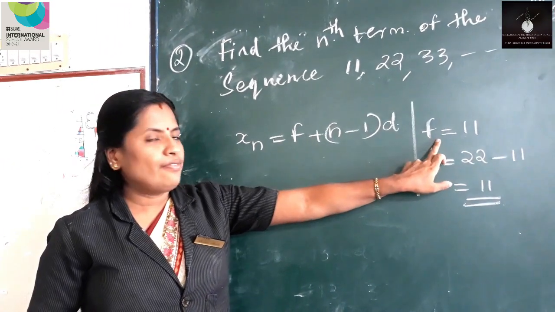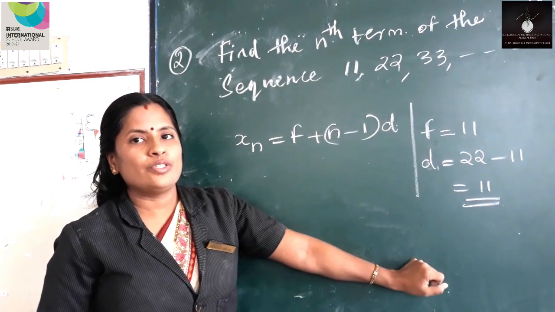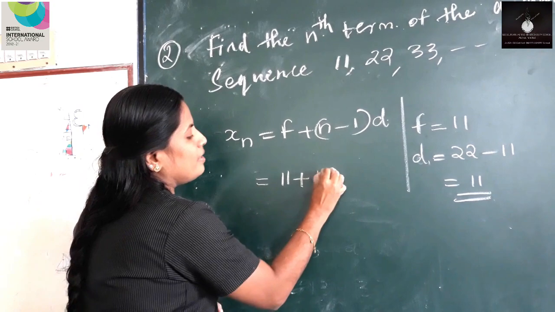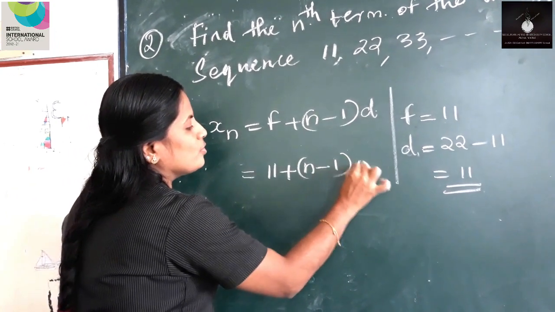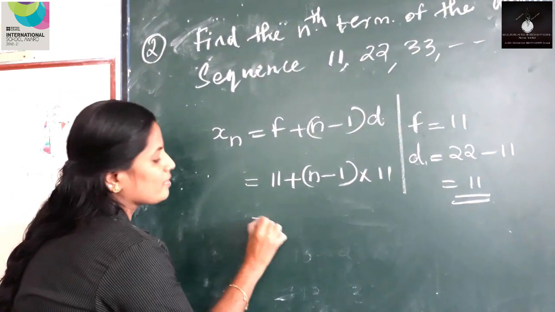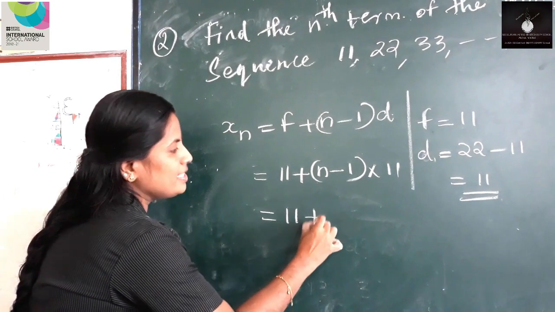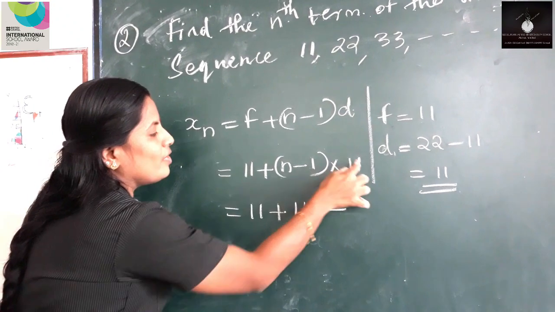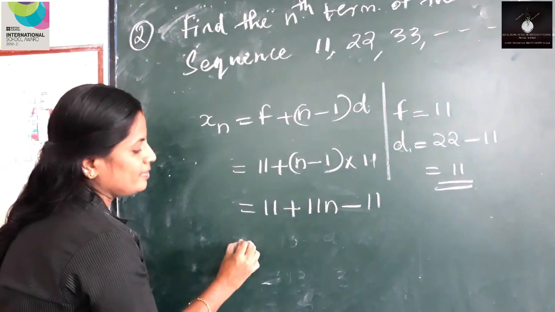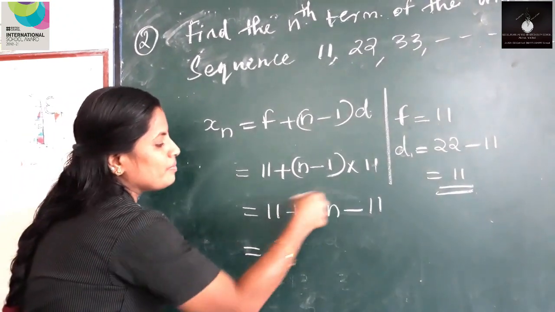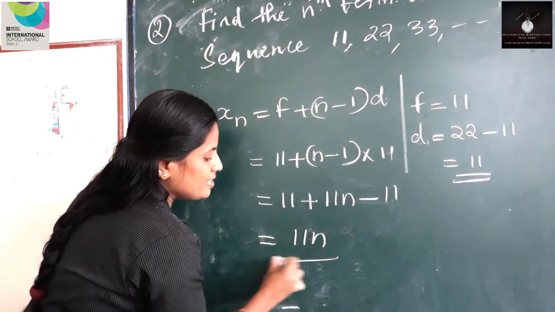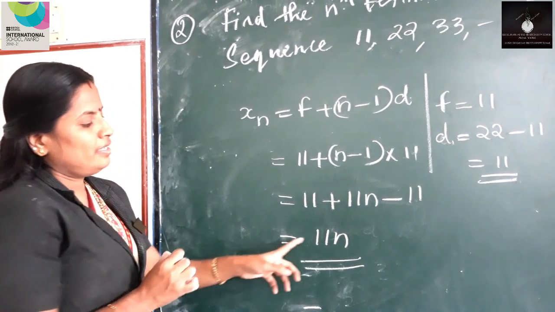So f equal to 11, d equal to 11. 11 plus n minus 1 into 11. 11 plus 11n minus 1 into 11, 11. Here 11 plus 11 and minus 11 cancelled. So the answer is 11n.